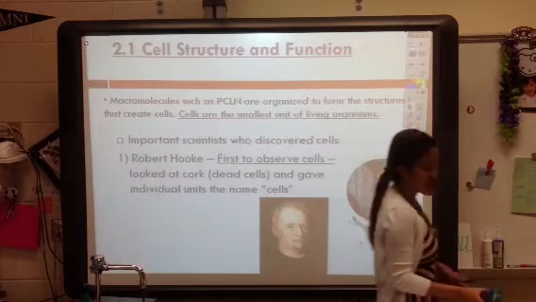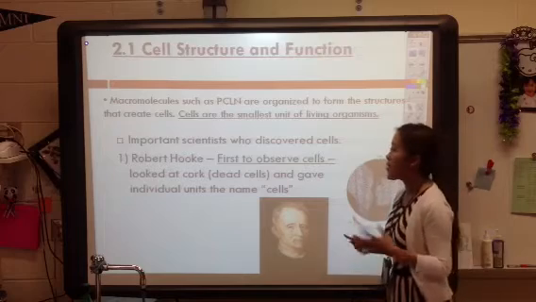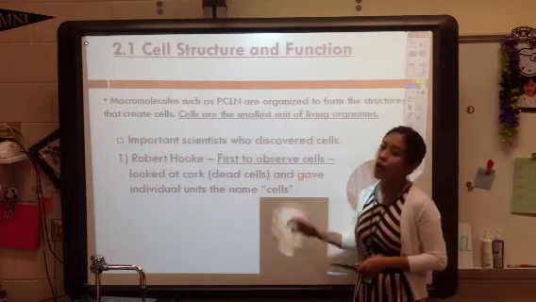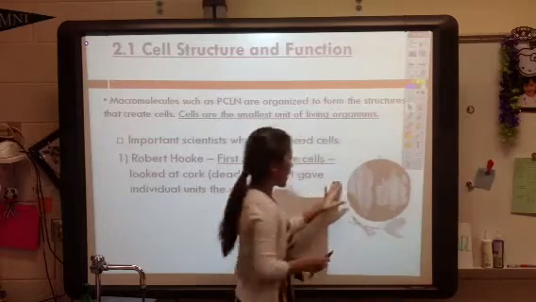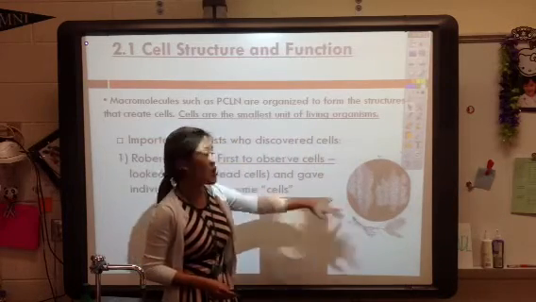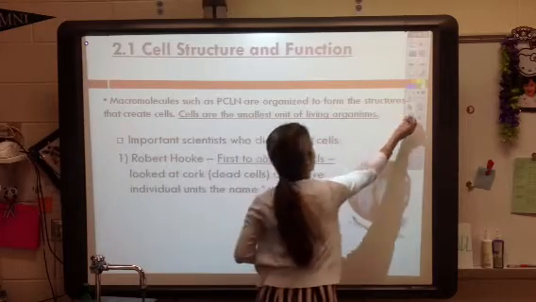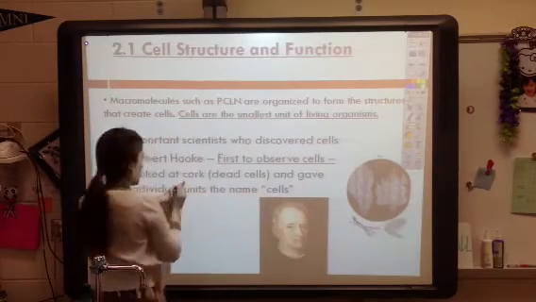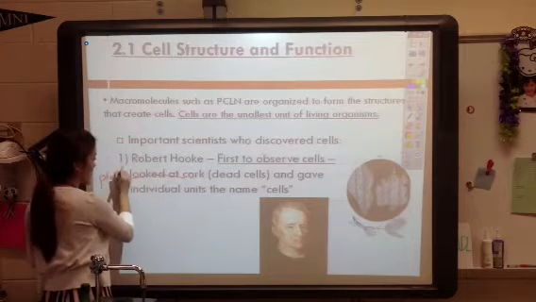One of the first scientists that we have to talk about to learn a little history about the cell is Robert Hooke. Robert Hooke was actually the first to observe cells, and he observed cork cells, which we're going to learn are a type of plant cell.